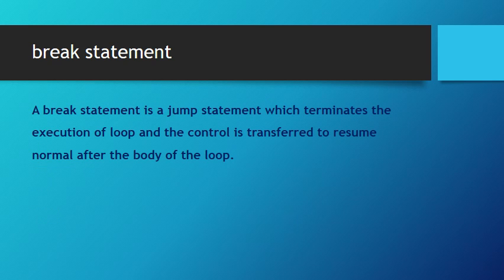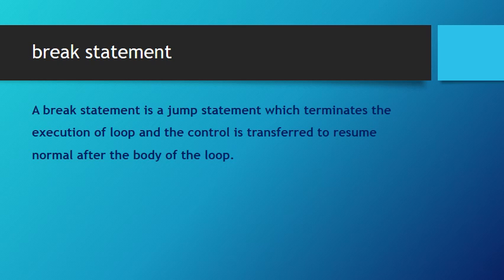Next, break statement. A break statement is a jump statement which terminates the execution of the loop and the control is transferred to resume normal execution after the body of the loop.